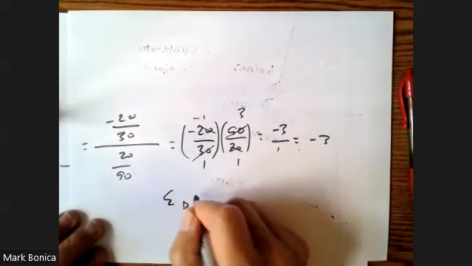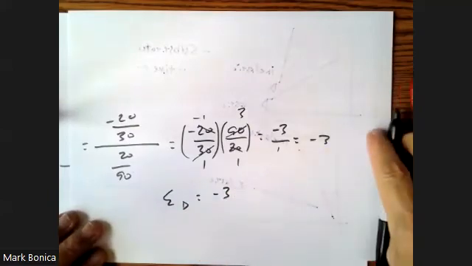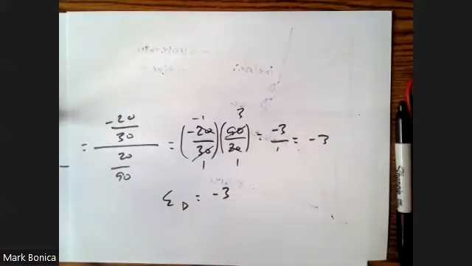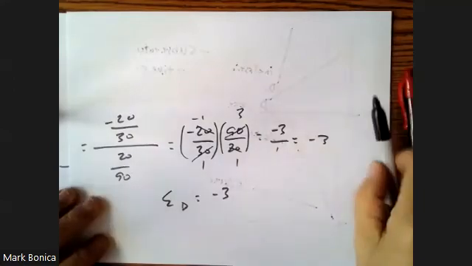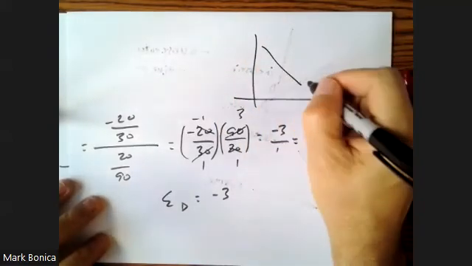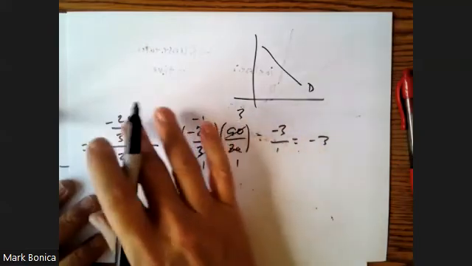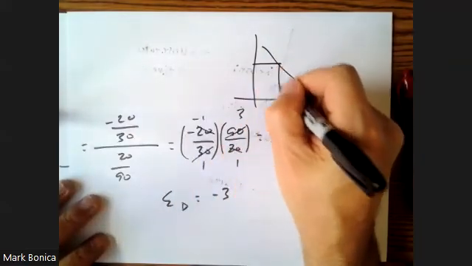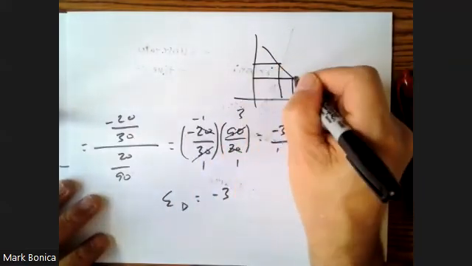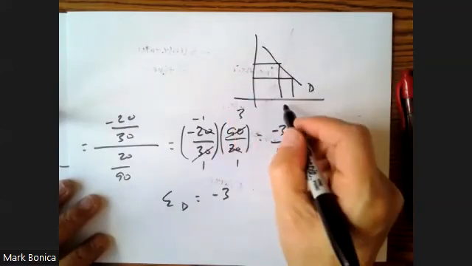So our elasticity of demand is minus 3. Elasticity of demand is always negative. Okay. It's always going to be a negative number because the demand curve is a downward sloping line. A decrease in price is always going to cause an increase in quantity.